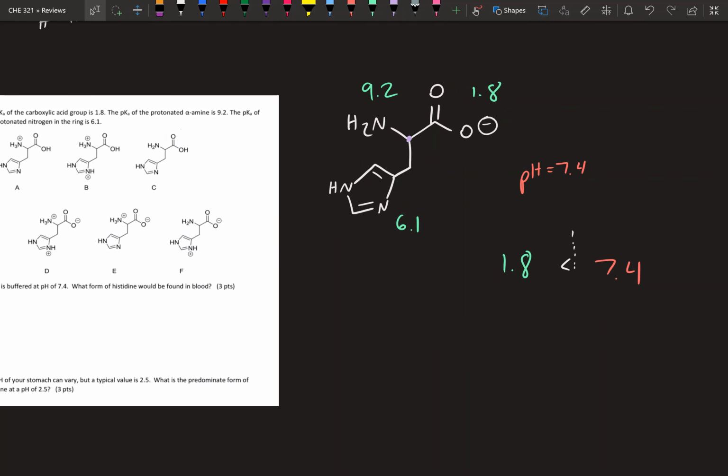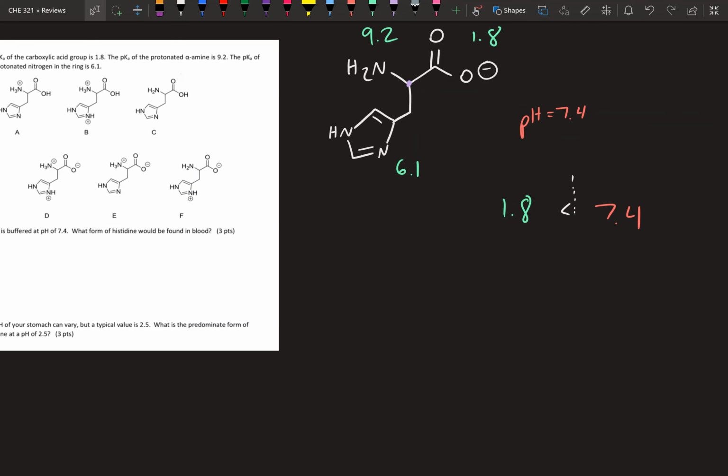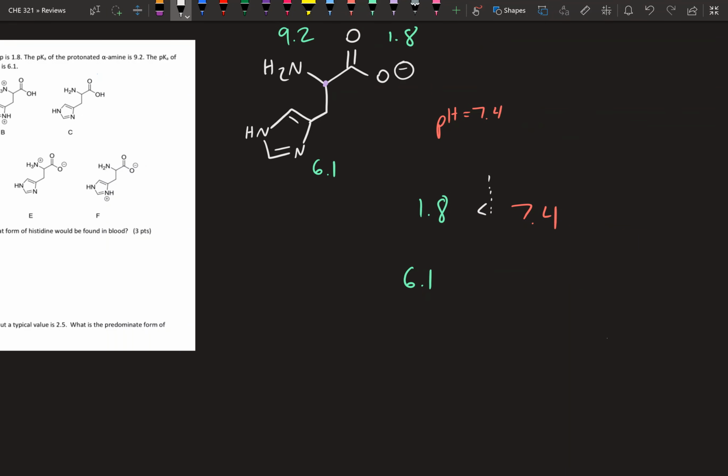Let's go next to the next pKa. Let's go to 6.1 versus 7.4. Okay? So 6.1 versus 7.4, that 7.4 is a higher pH, so it's going to be more basic. So it's going to make that nitrogen the deprotonated state because the nitrogen is more acidic.